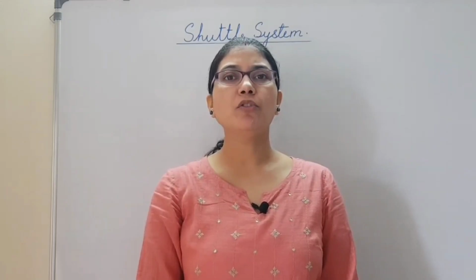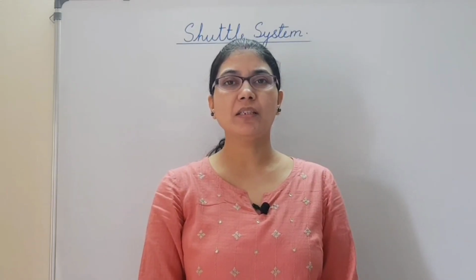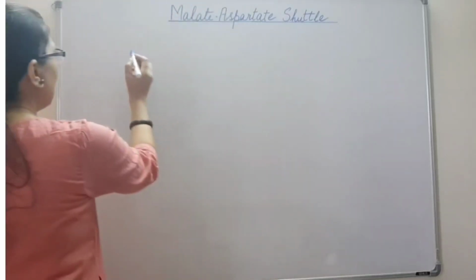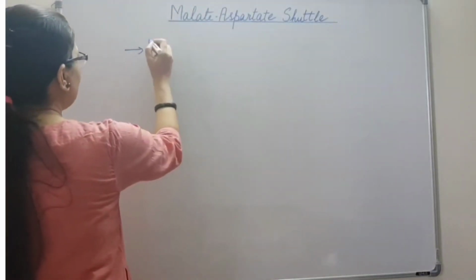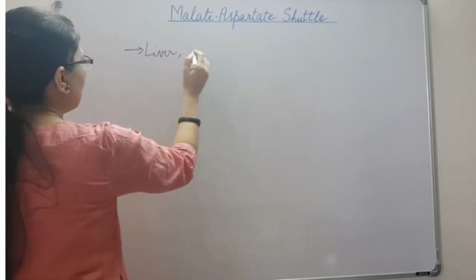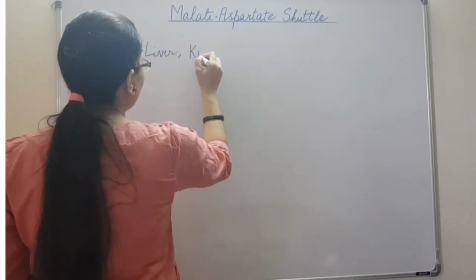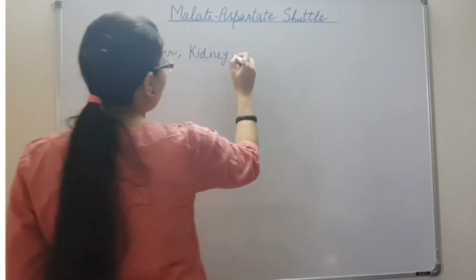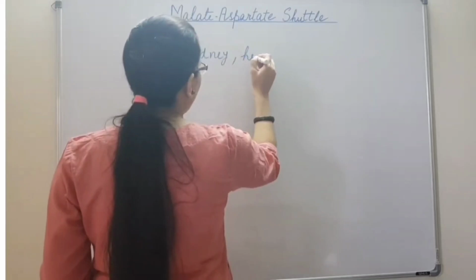We will learn about malate aspartate shuttle system. So let us start. Malate aspartate shuttle takes place in liver cells, kidney cells and heart cells.